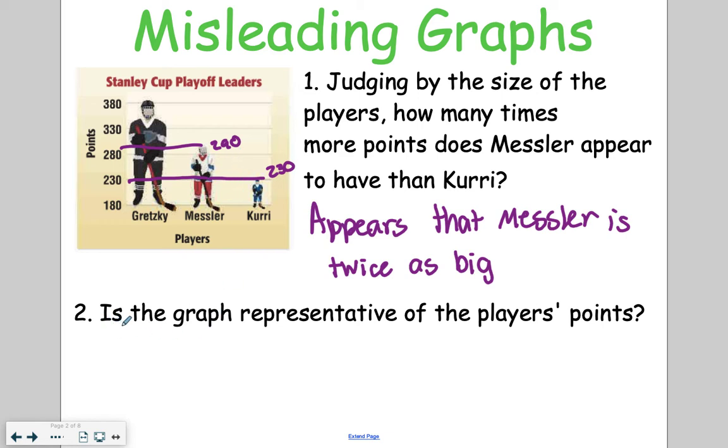So then the next question is, is this graph representative of the players' points? The answer to this is no. It isn't true that Messler has twice as many points as Curry. The ratios, or the size of the graph, don't match the data.